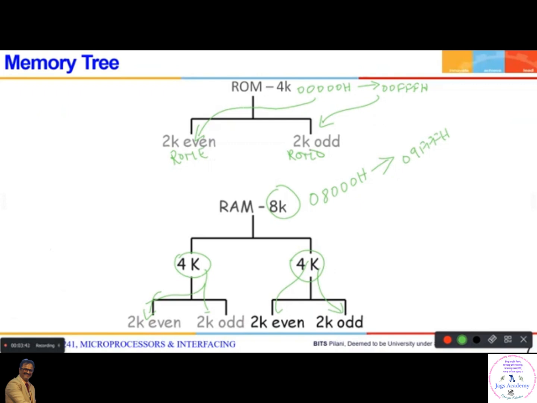Now see here, this will be RAM 1, this will be RAM 2, right? So this 2K chip will have all even addresses of this 4K. This will have all odd addresses of this 4K. Similarly, this will have all even addresses of 4K. This will have all odd addresses of 4K.